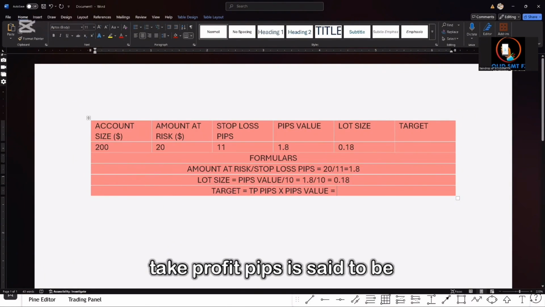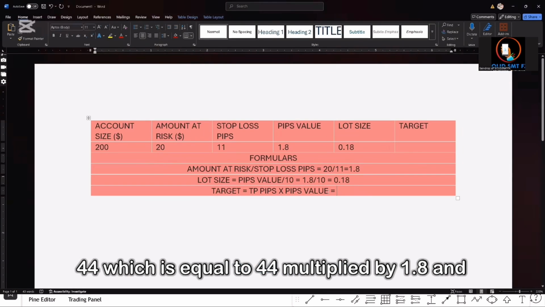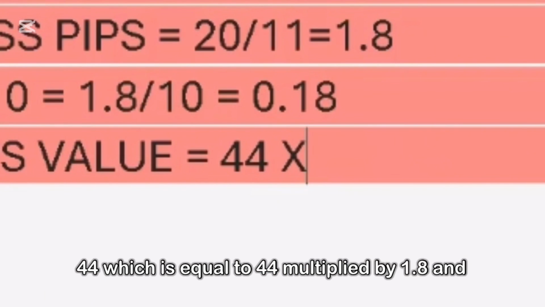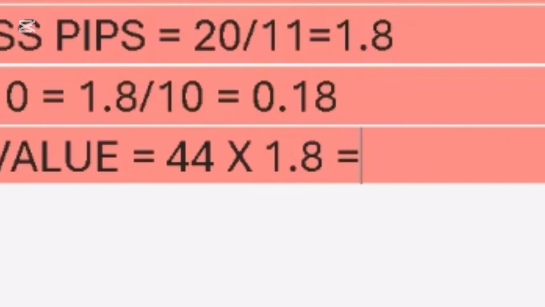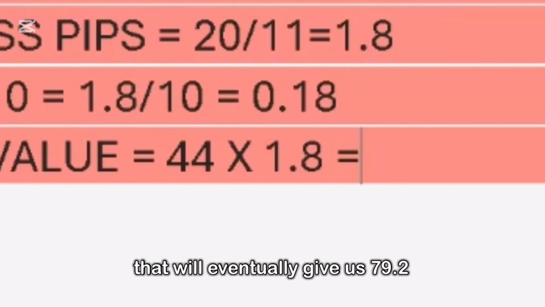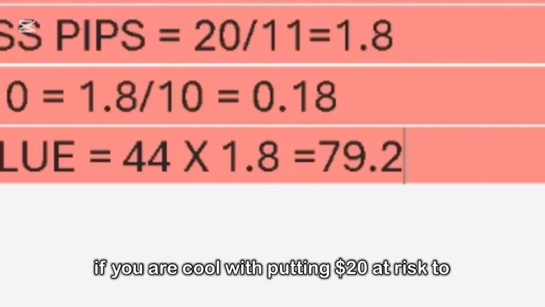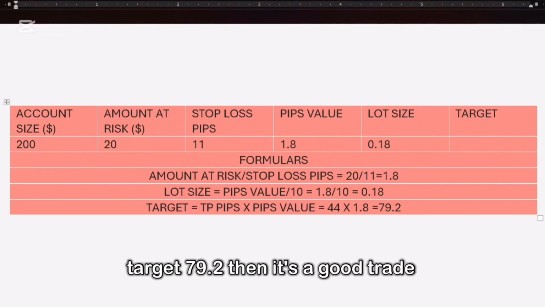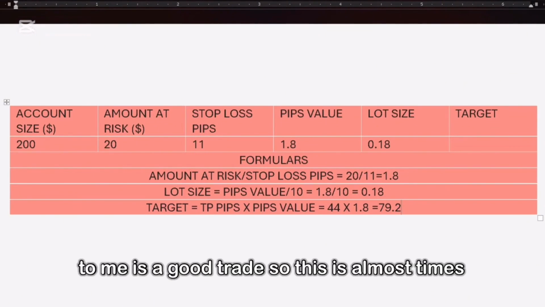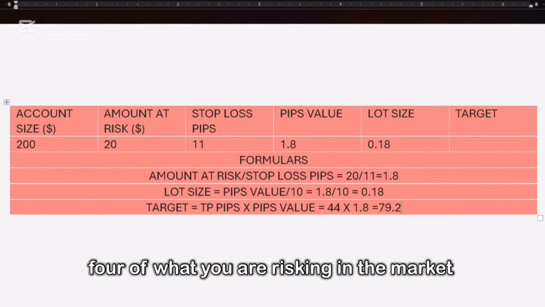The take profit pips is 44, so 44 multiplied by 1.8 will eventually give us 79.2. If you are cool with putting $20 at risk to target 79.2, then it's a good trade. To me, it's a good trade. So this is almost 4 times what you are risking in the market.